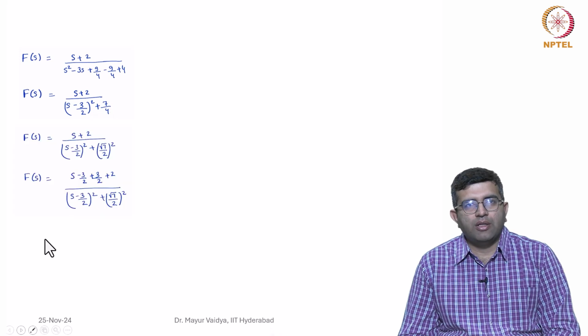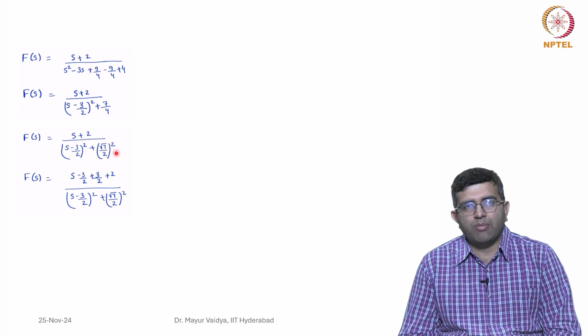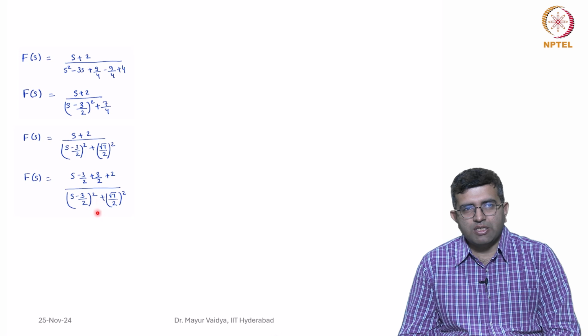Now, this can be written as (s plus 2) divided by (s minus 3/2) whole square plus (root 7 by 2) whole square. Usually, if you remember the Laplace transform table, if you have s minus a on the top, in the denominator you tend to get s minus a whole square.